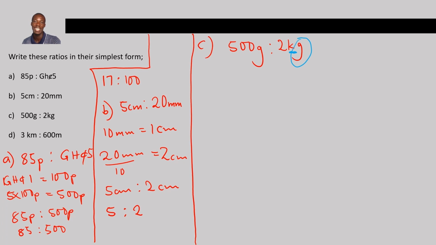So when somebody tells you, I'll give you 10k, it means the person intends to give you 10,000. If you say 1k, 1,000. So remember that. Now we convert our kilogram to gram to make it simple for us.